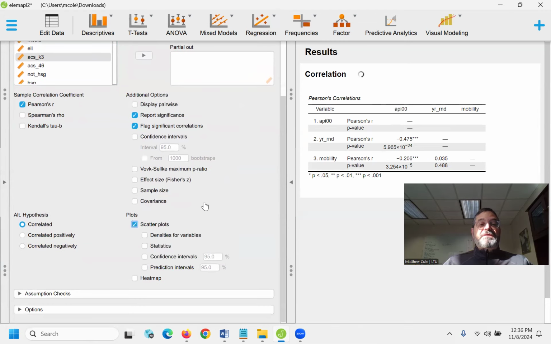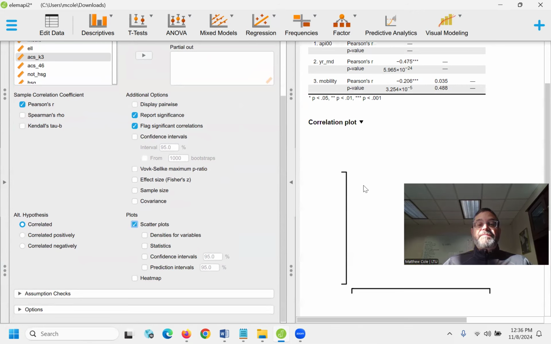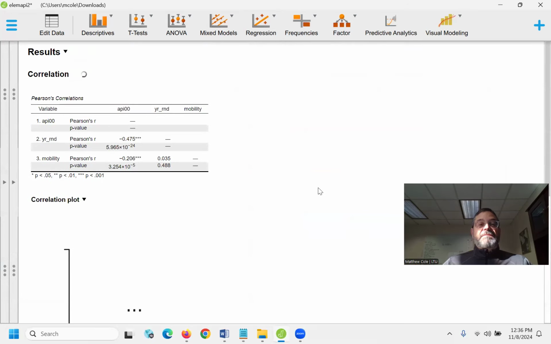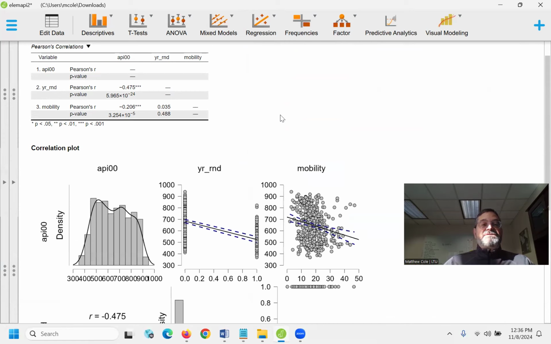Let's create the visualization, which is the scatter plot. And then let's go ahead and add the densities and the statistics and the confidence intervals. Okay. So it's rendering. See that it's running the analysis here, and now our visualization appears.